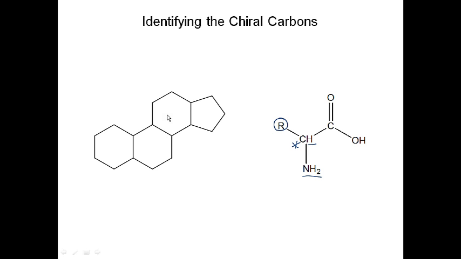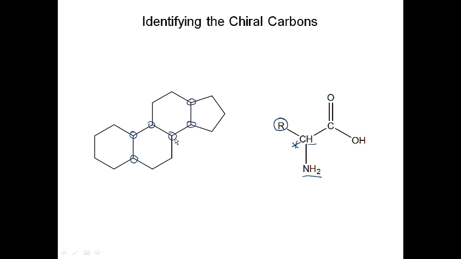Here's the structure of a steroid. How many chiral carbons are in the steroid? Well, if you eliminate all the CH2s, you're left with this, this, this, this, this, and this. Can I draw a mirror plane through any one of those CH groups, and they're all CHs?